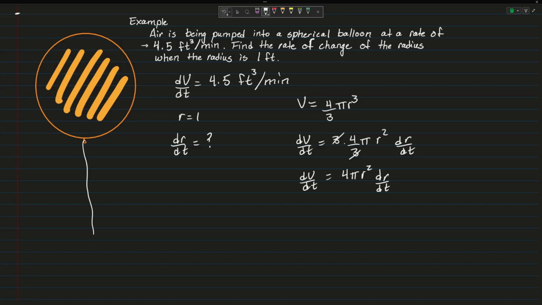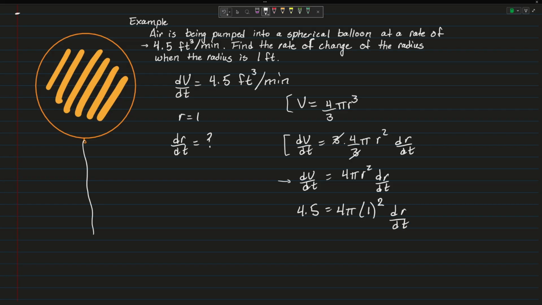Okay, so now we had the equation. We implicitly derived that equation. And now we have stuff to plug in. Okay, so we have dV/dt, that's 4.5. That's going to be equal to 4 pi times radius, which in this case is 1, times dr/dt, and that's our unknown.